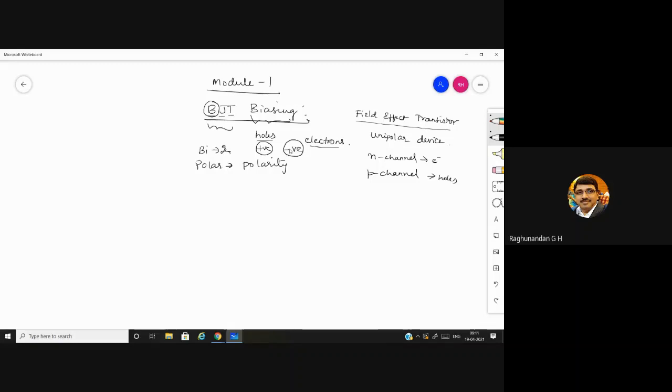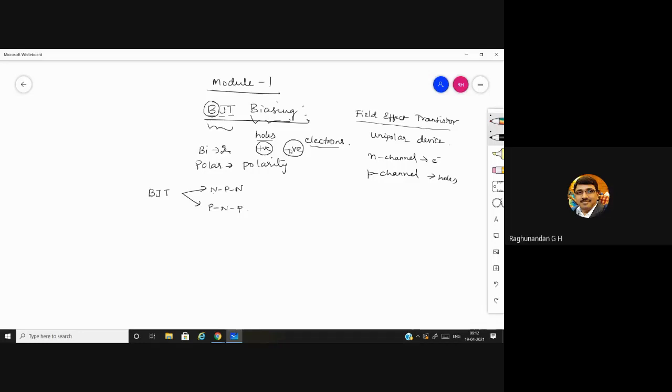But in a bipolar junction transistor, as we know, in BJT we have two types. The two types are NPN and PNP. By sandwiching a P layer between two N layers, we form an NPN transistor.